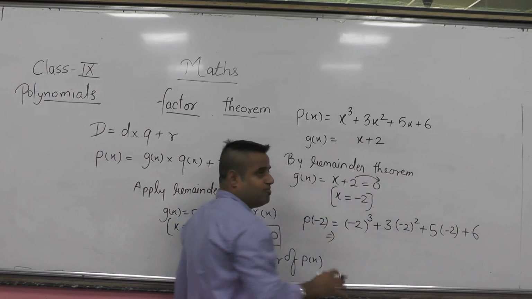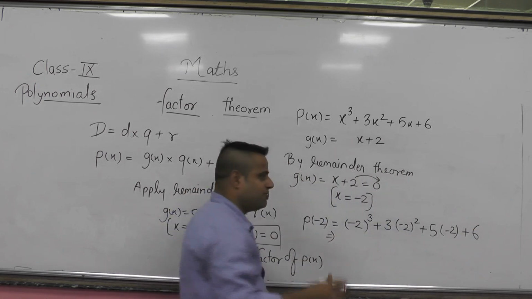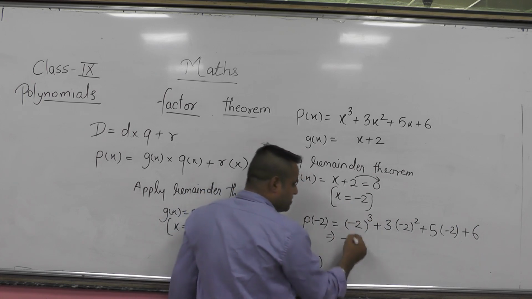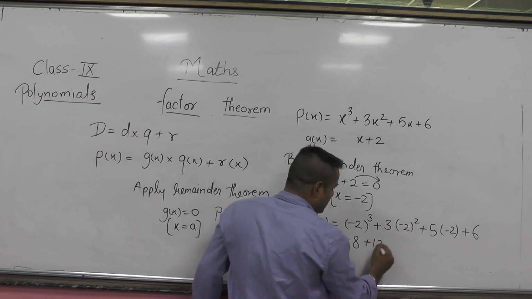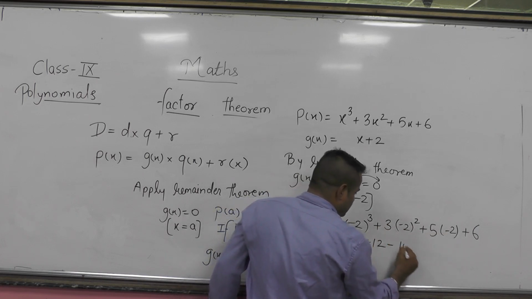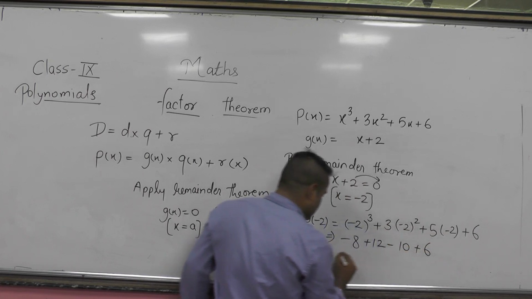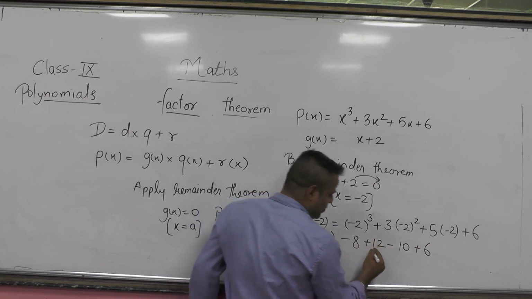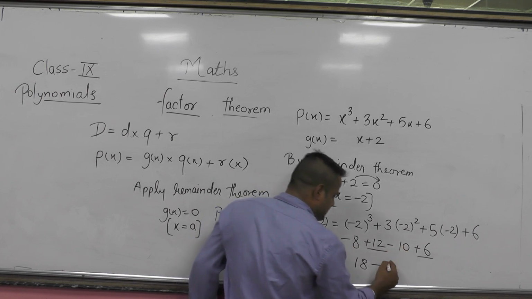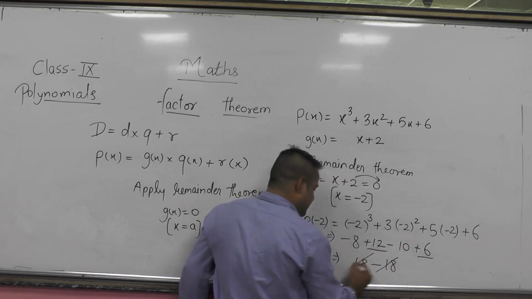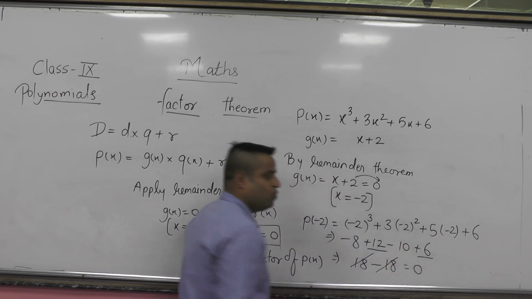Now (-2) cube, minus having an odd power results in minus, 2 cube is 8, (-2) square is 4, 3 fours are 12, 5 twos are minus 10, and plus 6. Now we are adding these positive numbers. 12 and 6 is 18, minus 8 minus 10 is minus 18, and 18 minus 18 gives us 0.